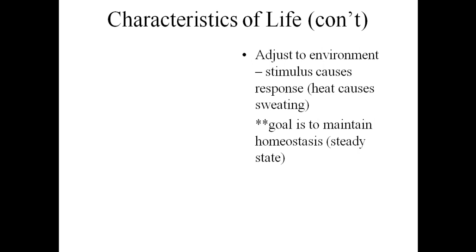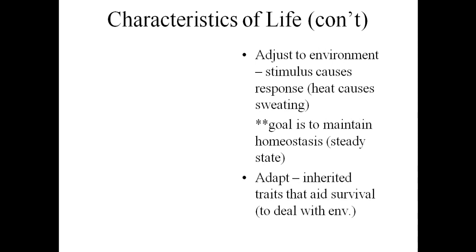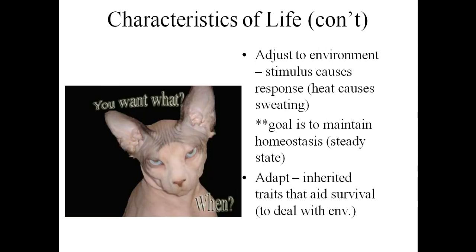Regardless, whether you look at sweating or you look at breathing faster or whatever it might be, we do these things to maintain that stable level as much as possible, to maintain that balance or that steady state. Very, very important idea. Living things have the ability to adapt. The example that I have on here, can you imagine putting this cat in a very cool climate?